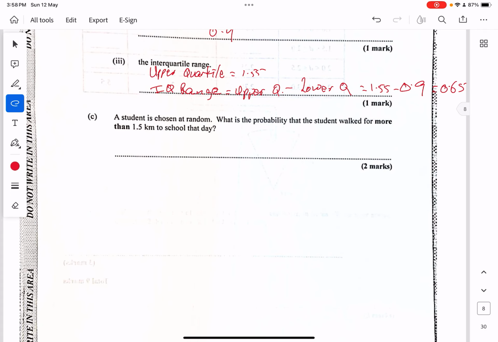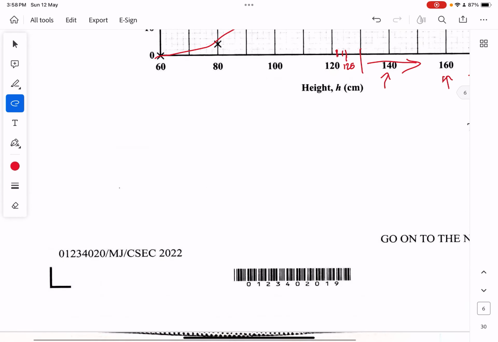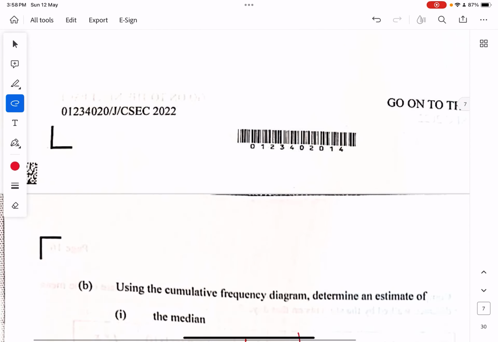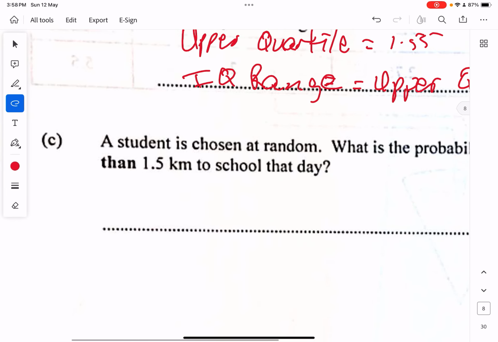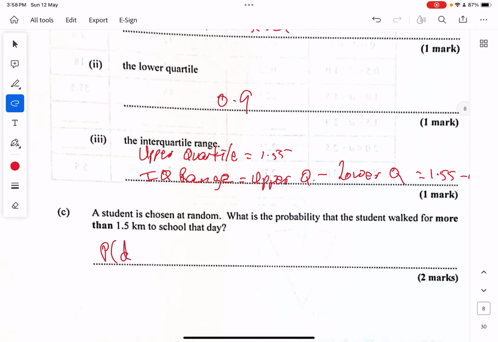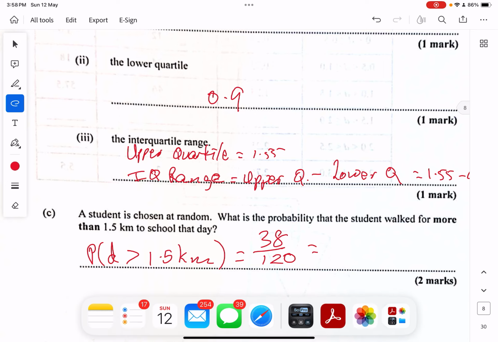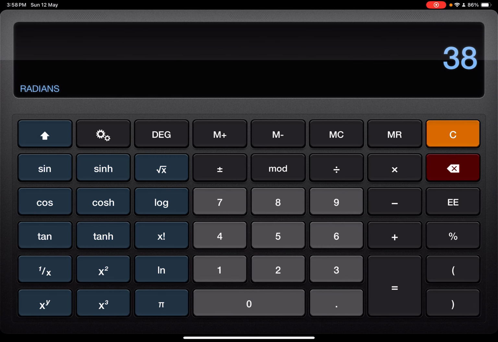So for our probability, the distance is D, right? So the probability that D is greater than 1.5 kilometers would be 38 over 120. 38 divided by 120 equals 0.32.